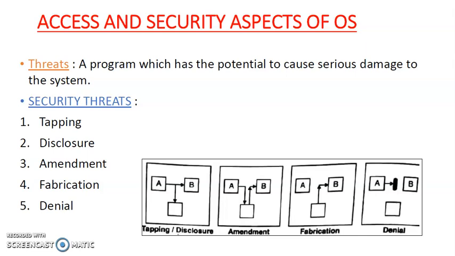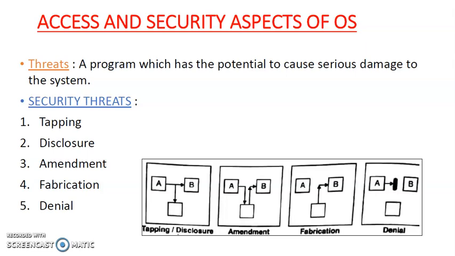Then the fourth one is fabrication. What is the meaning of fabrication? An unauthorized user can insert data as though from an authorized user. Okay. And the last one is denial of service. It means the system or other devices are unavailable to its user. You can see the service is denied on your screen.